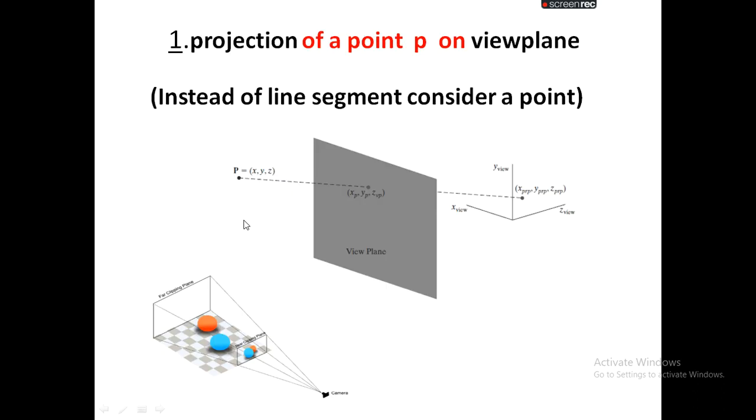As we discussed already, we determine the projection of the line segment on the view plane. But as I said in the previous slide, we need to derive one equation to determine the projection of this point P on the projection plane, that is called P dash. This derivation I did not explain in the previous video lecture.